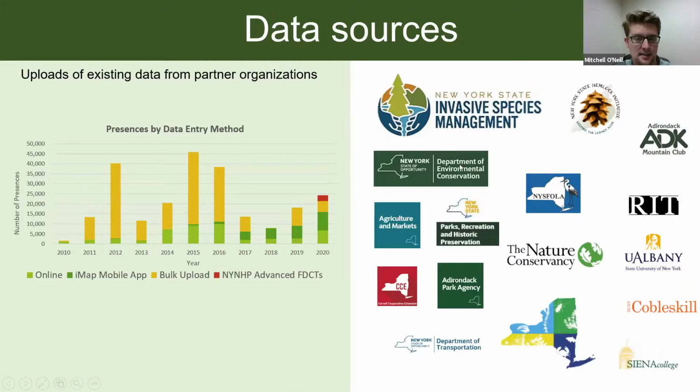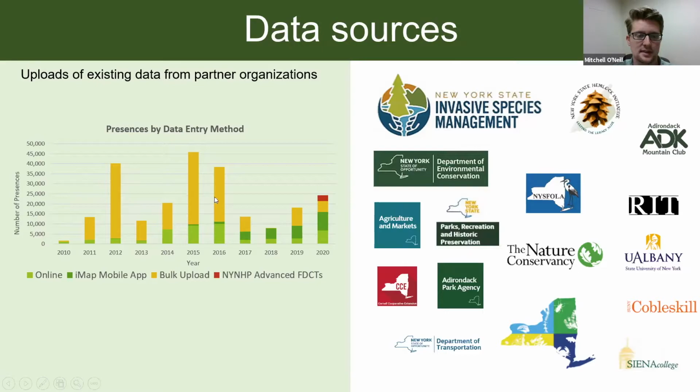So where does the data in our database come from? So in the earlier years, it was mostly coming from uploads of existing data sets from other partner organizations. And then through the years, it became more important. The more records have been coming in through people recording new data on invasive species directly into the database rather than these bulk uploads of existing data sets. So the yellow is the existing bulk data sets.